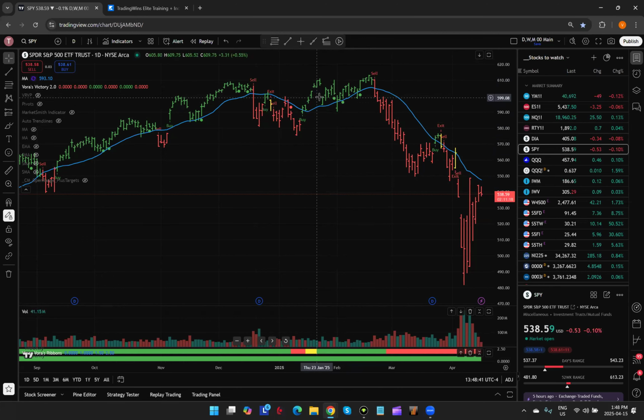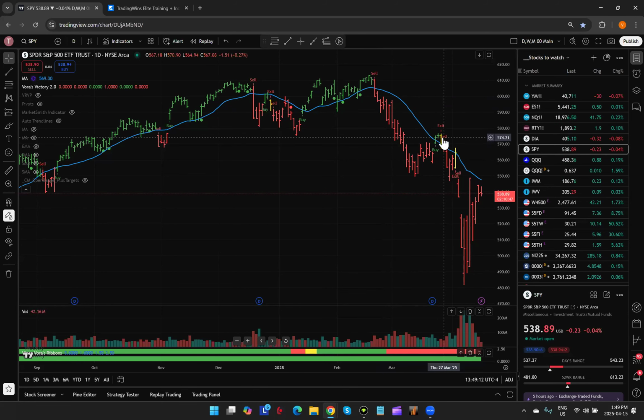Okay, and so for the next little while we were going higher. That's what you're looking for. So it's usually not the initial cross that confirms that complete change in direction. That's why we're looking for either a move below a prior low, like we had here, right? Or a retest, a move back to the 20 that then acts as support, just like it did here.